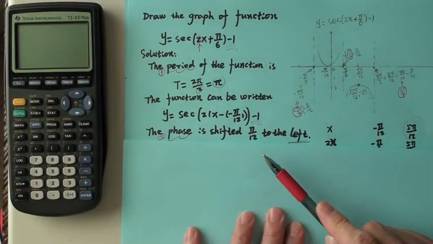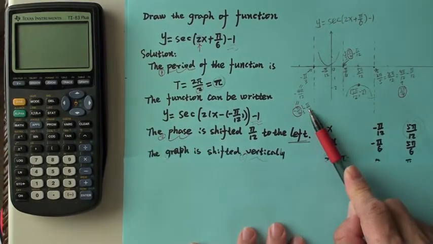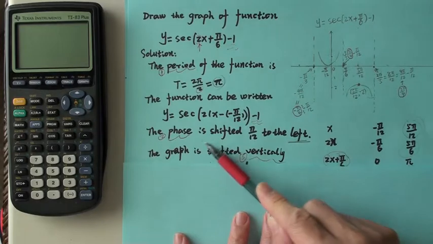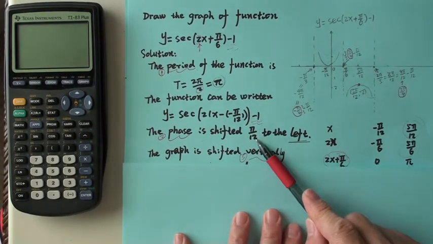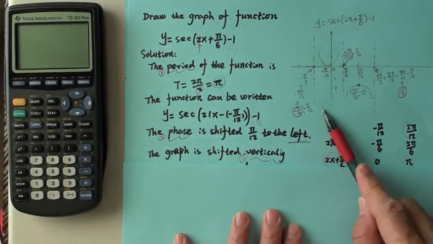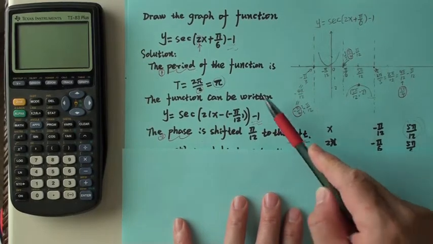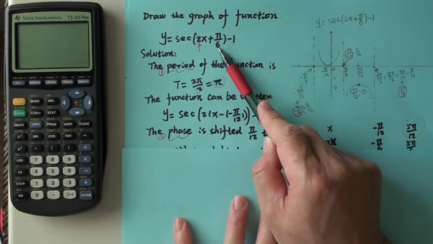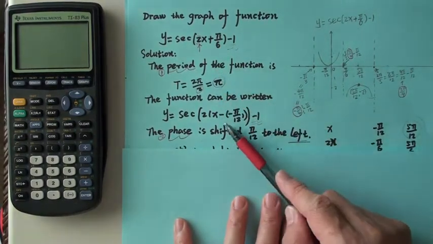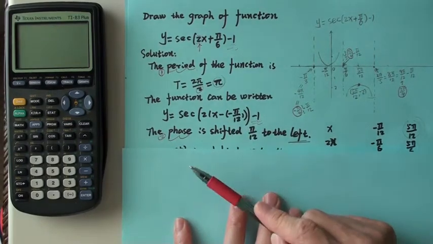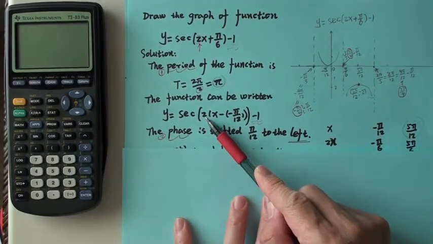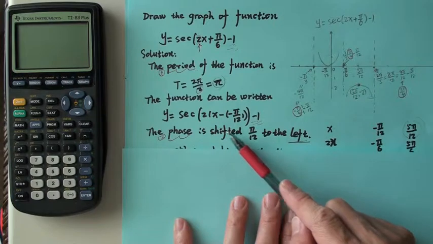That's the one thing we want to be careful about. Here the phase is shifted pi over 12 to the left. It's not pi over 6 to the left, it's pi over 12 to the left. You have to pull the 2 out.